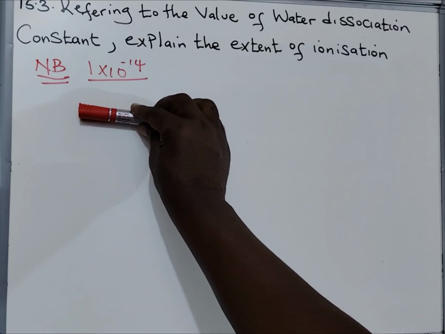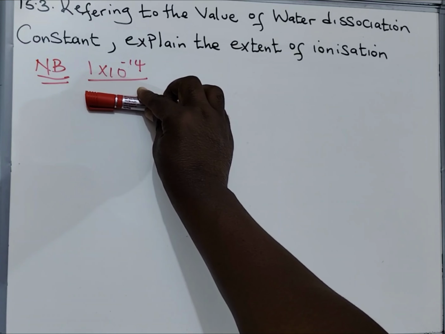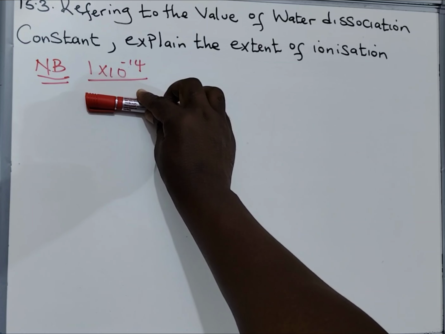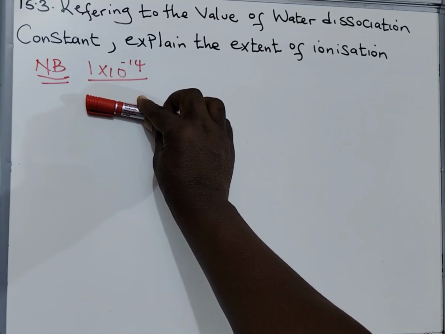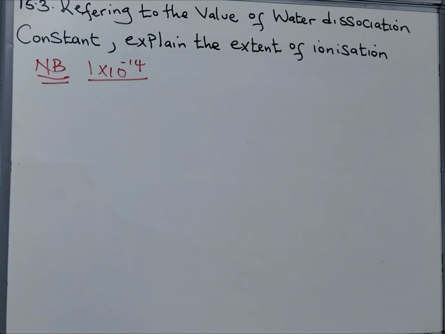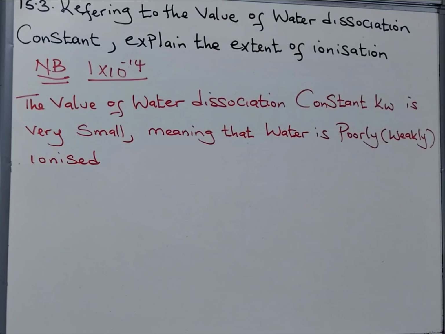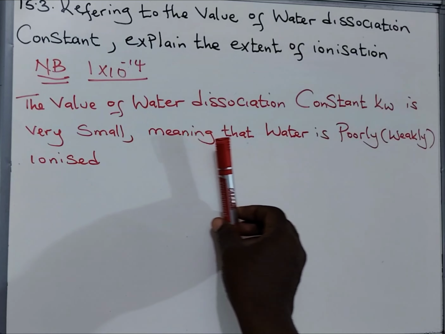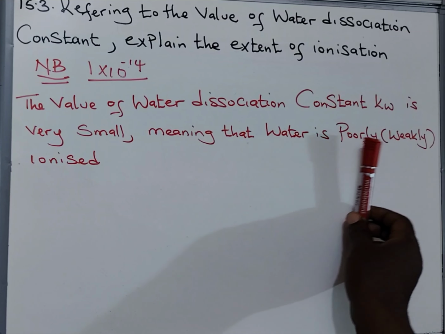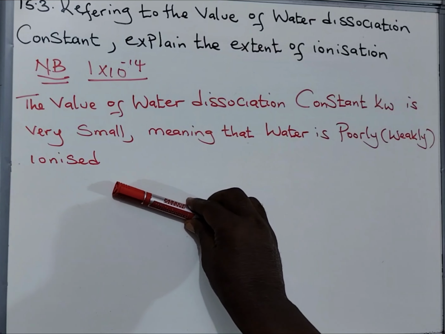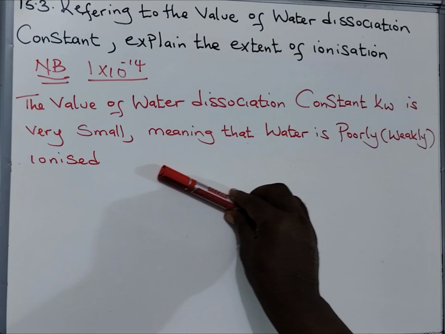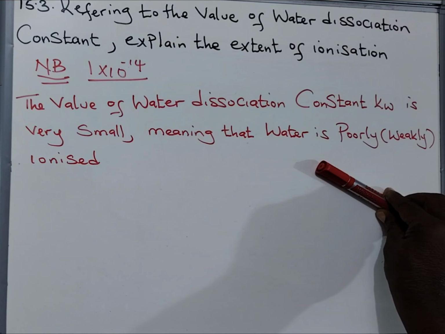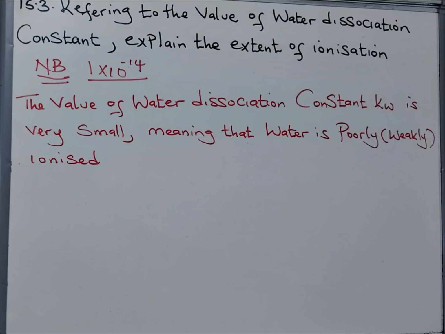So the implication is that water is weakly ionized, or poorly ionized. The value of water dissociation constant Kw is very small, implying that water is poorly or weakly ionized.